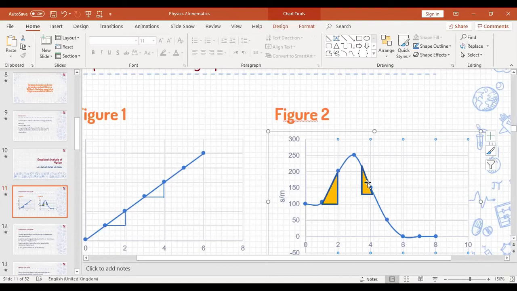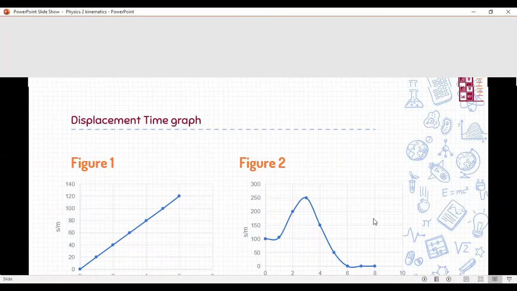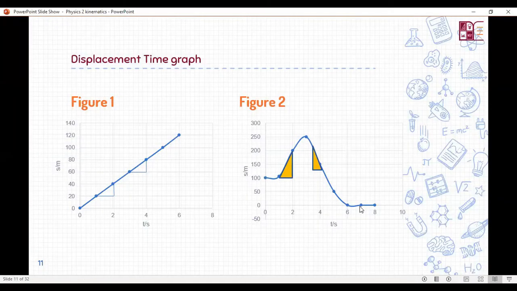So what we have learned from these graphs is that the average velocity is found by the change in displacement upon the change in time, and a positive gradient of the displacement time graph indicates that the car is moving in the same direction as the displacement, whereas a negative gradient indicates that the car is moving in the opposite direction of the displacement.